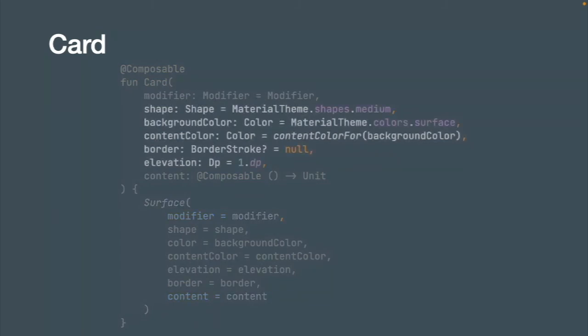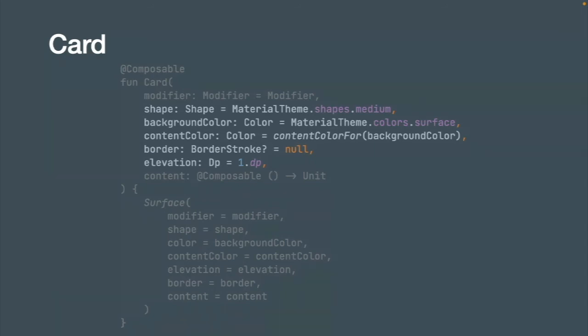And then it has default values. They're a little different than a surface's default values. For instance, a card has by default an elevation of 1 dp.